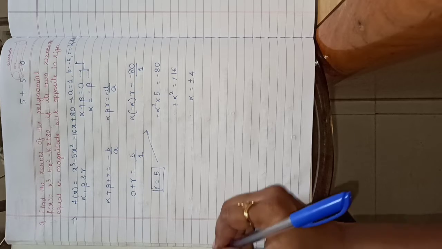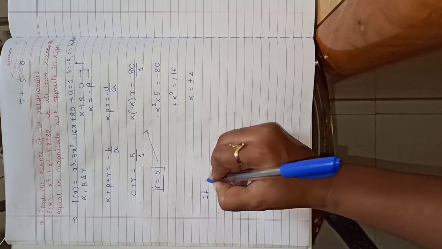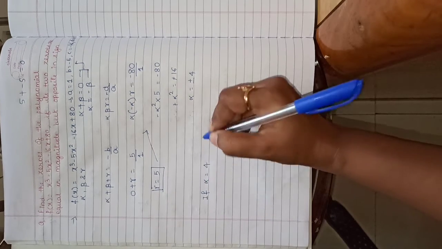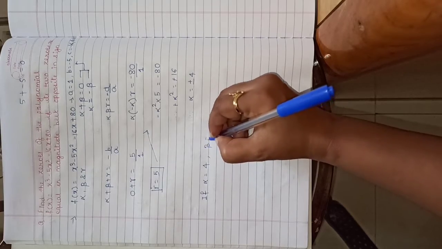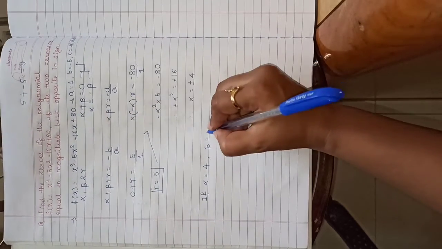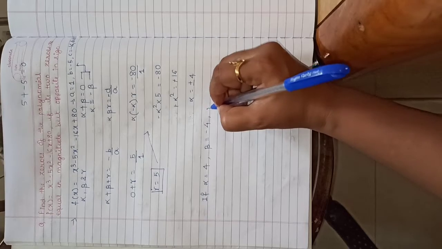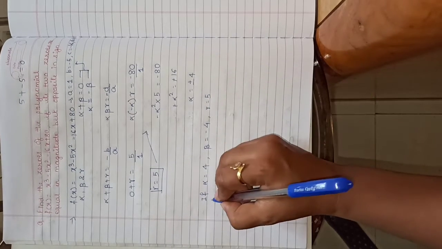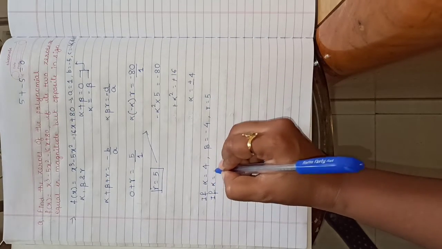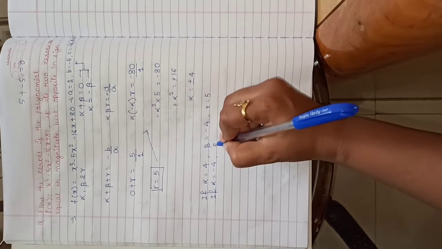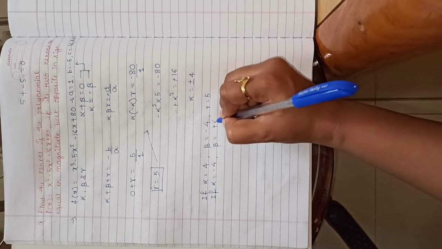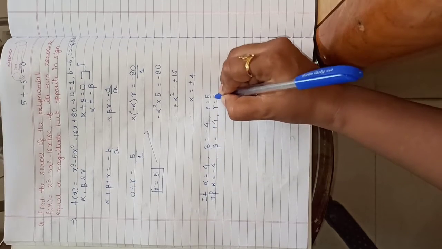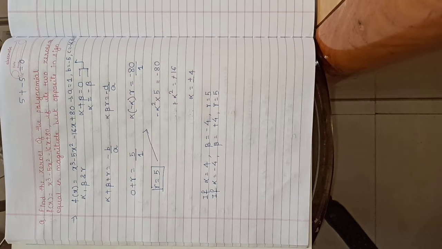Let us find out the three roots then. If alpha is equal to plus 4, what will be the value of beta? Beta is minus alpha, which will be minus 4, and gamma will remain as 5. And if alpha is equal to minus 4, what is the value of beta? It will be plus 4, and the value of gamma will remain as it is, which is 5.